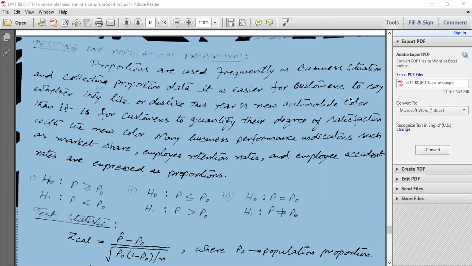It is easier for customers to say whether they like or dislike this year's new automobile color than it is for customers to quantify their degree of satisfaction with the new color. Many business performance indicators, such as market shares, employee retention rates, and employee accident rates, are expressed as proportions.